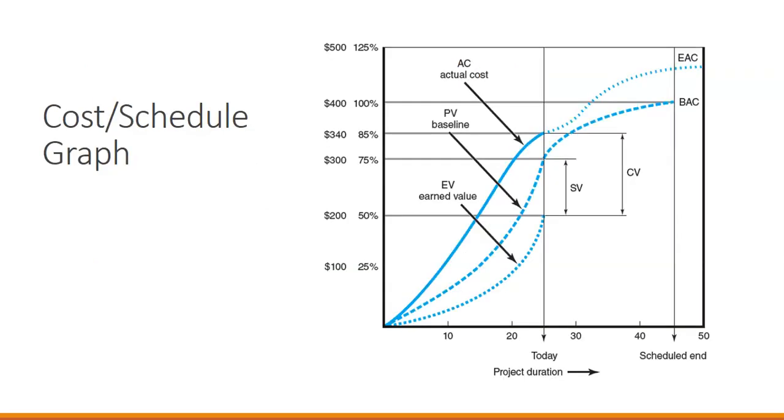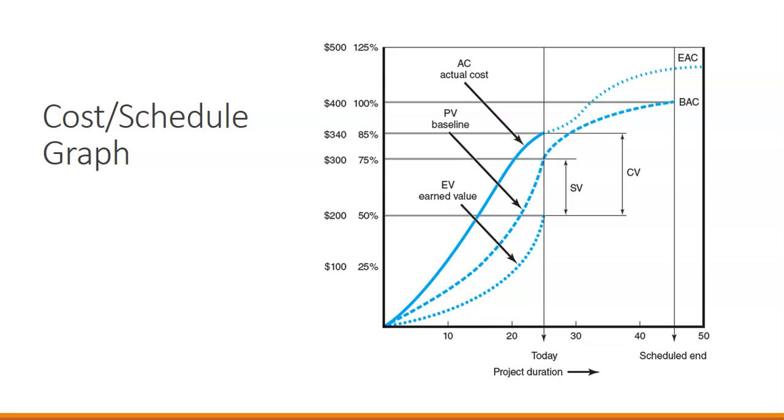This is an example of our cost schedule graph. So in this example, we have what our project baseline is, what the actual cost is, and what the earned value is. So we can see that as of today, our project baseline was that we would be 85% complete.